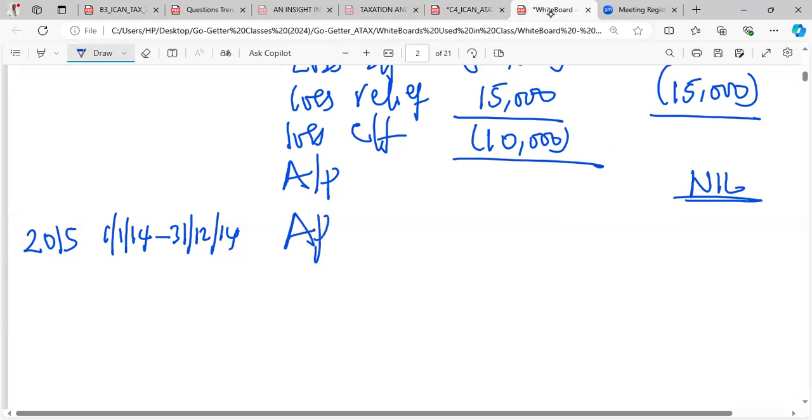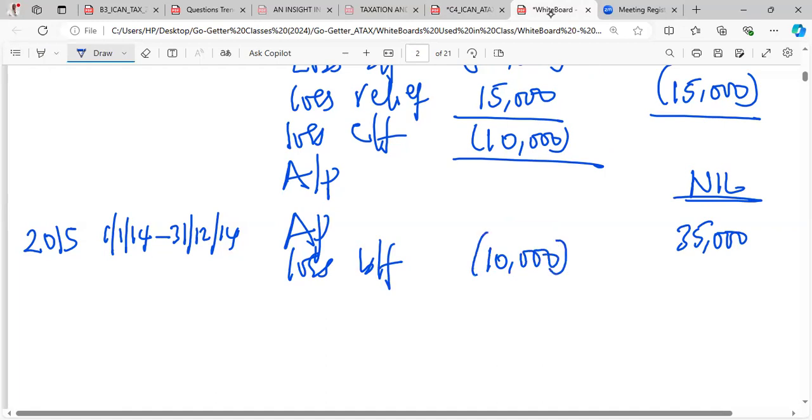Assessable profit, 35,000. Loss brought forward is 10,000 naira. Okay, so you have a debt of 10,000 naira. You can only relieve that debt of 10,000 naira. You cannot relieve the whole of 35,000 naira.